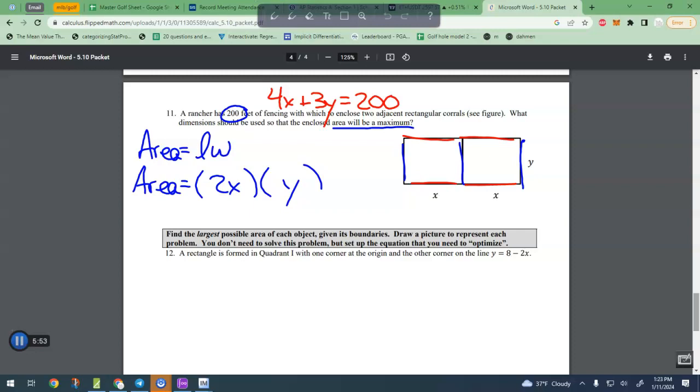So that's just kind of measuring like all the distances around. And then you're going to solve for one of the variables. I'd probably solve for y. It's just easier to plug into y than it is to x with a 2 in front. Although it's not that big a deal. But if I solve this for y, I'd have 3y equals 200 minus 4x. So then y is 200 minus 4x divided by 3, and then I just shove that in there.